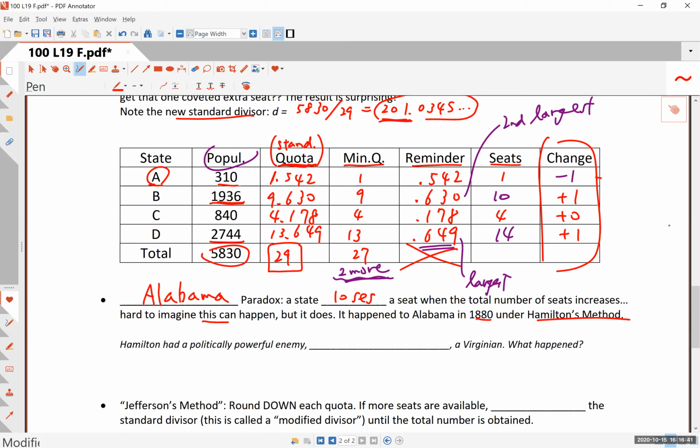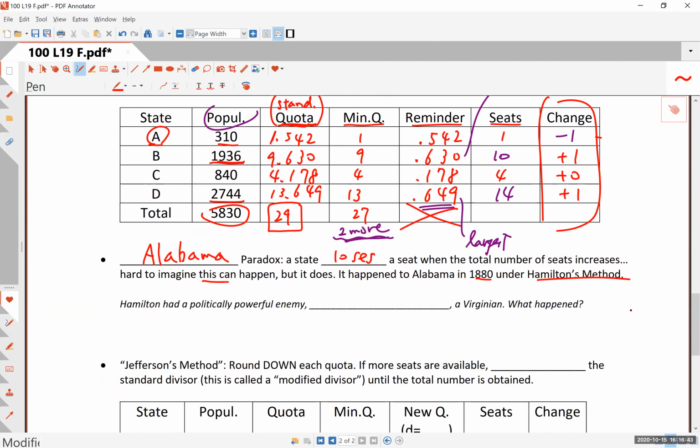Okay, so again, going back to a little piece of history, Hamilton had a very politically powerful enemy. In fact, he probably had more than a few. Hamilton was a gentleman, but he had a few people who didn't like him. Notably, well, you guys probably have memorized the lyrics.